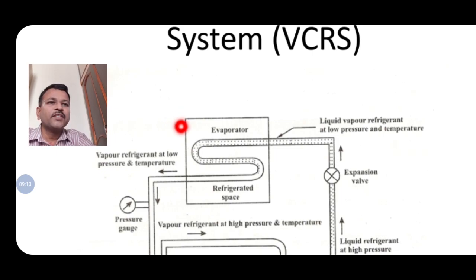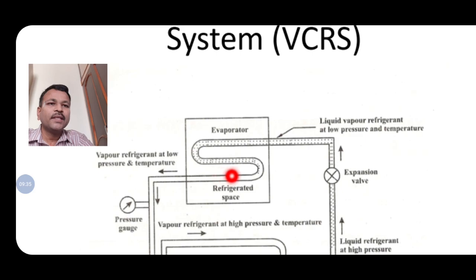Several cycles have to repeat, and once 10 degrees is achieved, the compressor will switch off momentarily. After some time the compressor will switch on again, because from 10 degrees it will increase to 12 or 14 degrees.